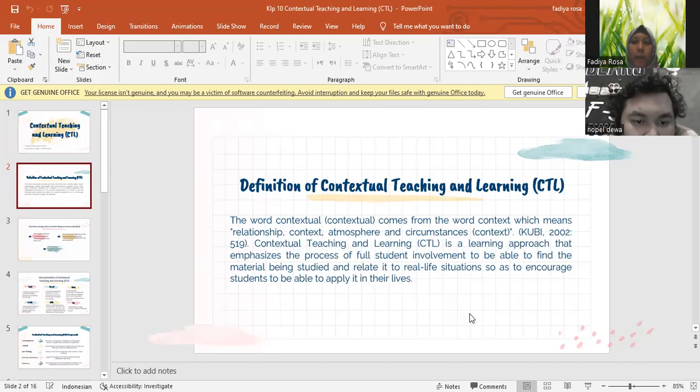Contextual teaching and learning is a learning approach that emphasizes the process of full student involvement to be able to find the material being studied and relate it to real life situations, so as to encourage students to be able to apply it in their life.